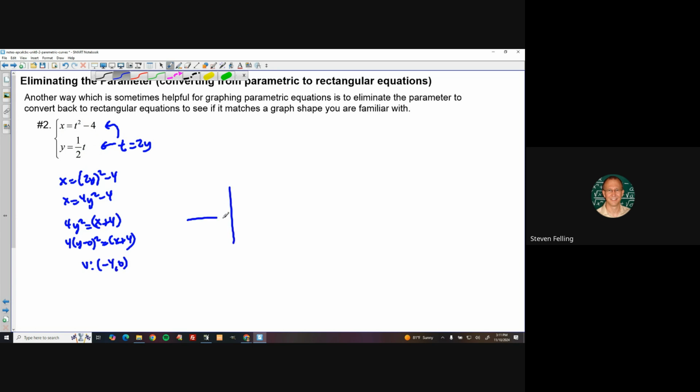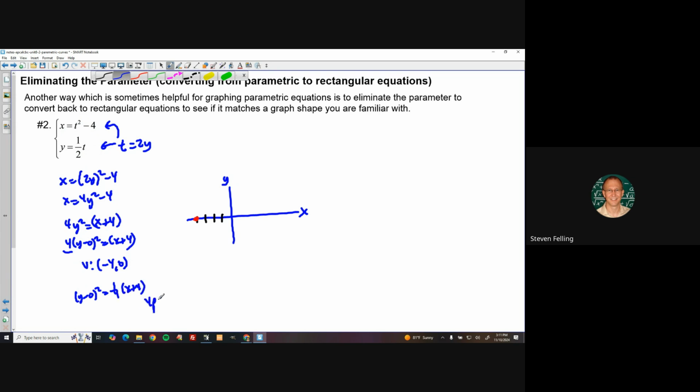So if I wanted to sketch this, I could go to negative 4, 0, and locate one place on there. And then I know that this value here, this 4, I've got to divide it to the other side. Actually, to put it in standard form, it's y minus 0 squared equals 1/4 (x plus 4).